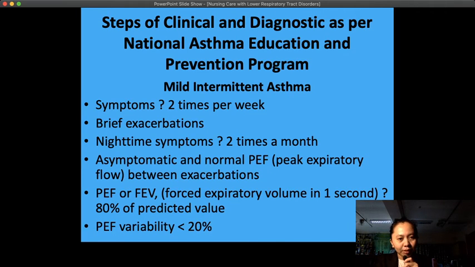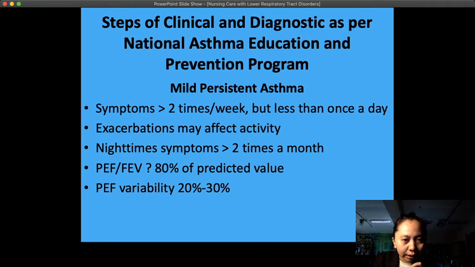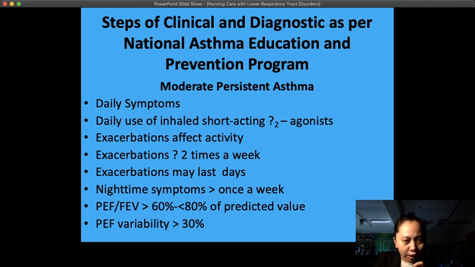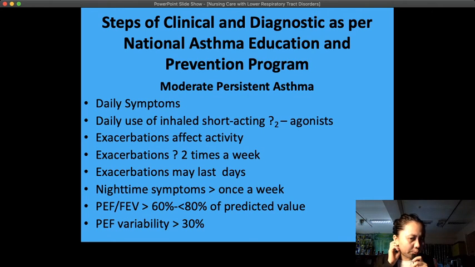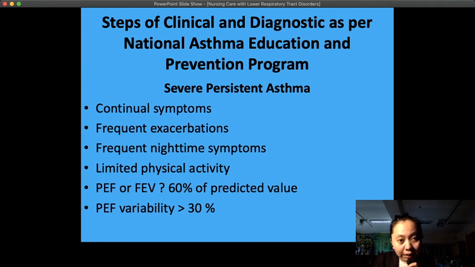And then we have the mild persistent asthma. Paki-review na lang. And then moderate persistent asthma: daily symptoms, exacerbations, nighttime symptoms. So pabalik-balik na lang yan. And then we have the severe persistent asthma. Talagang frequent na siya.